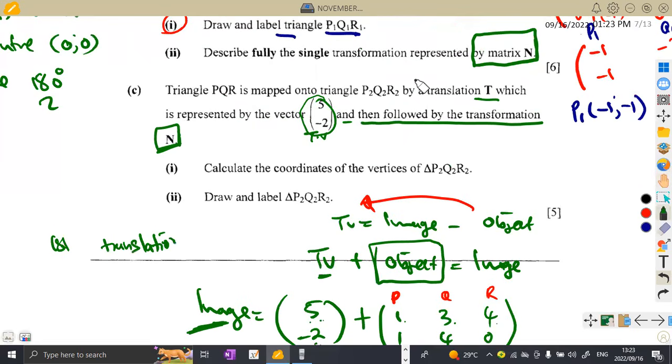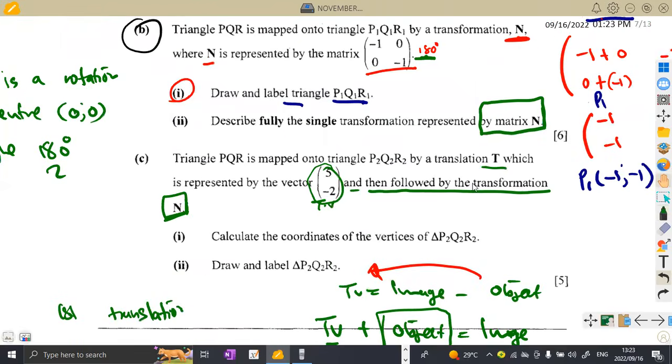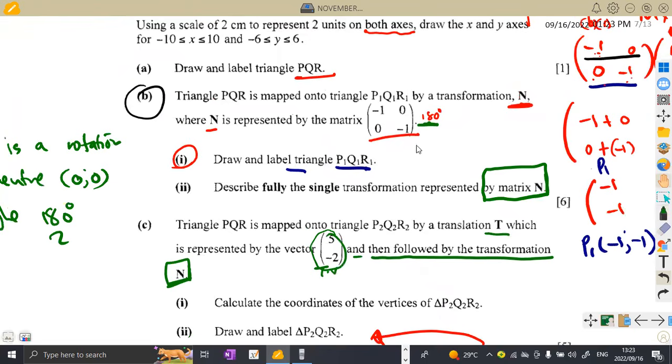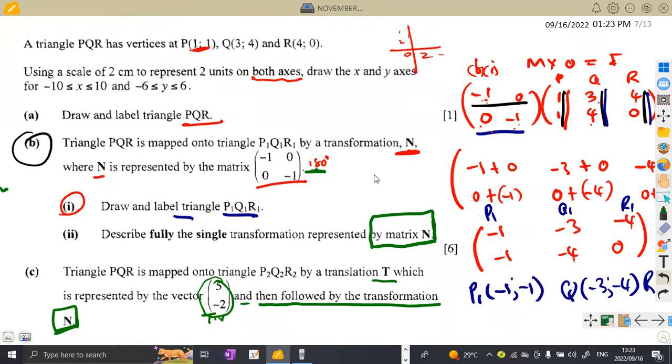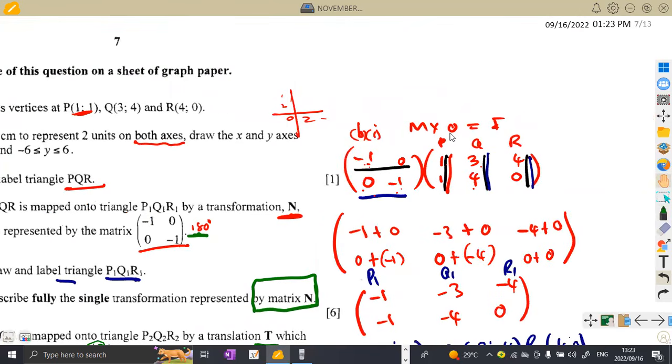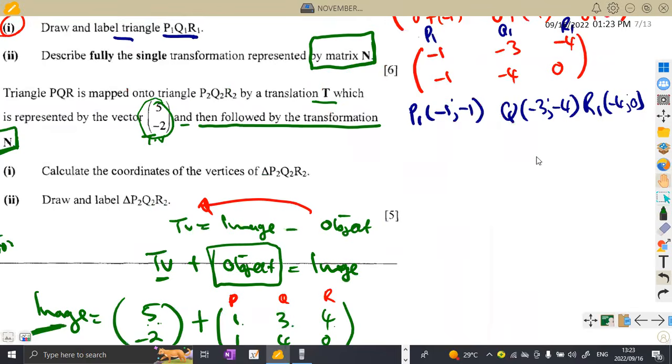Followed by transformation N, and N is this matrix that we are given. So remember, whenever you're given a matrix, I said for you to find the image, matrix times object is going to give you the image. So already in matrix form like that, you're not going to change anything, still in matrix form.